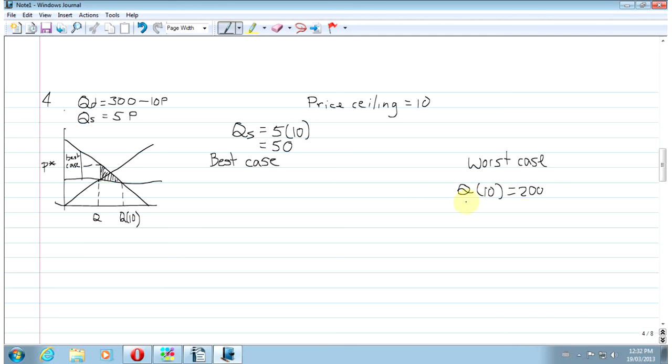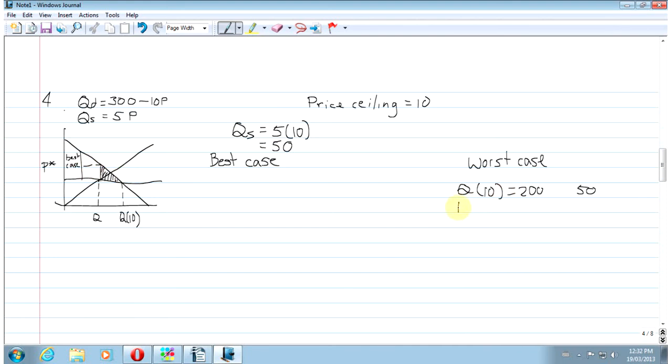And then if we have 50 units, then we need the price at 150. So the difference in the quantity, the base of the triangle, is going to be 50. Okay, the difference in price is given to us by this P star minus 10.